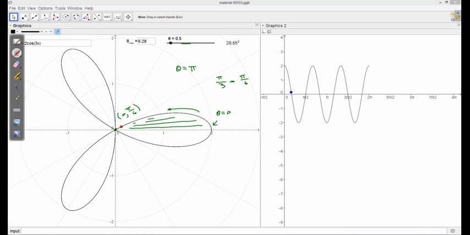Well, if 0 to pi over 6 gives us half, and we want to go backwards along this petal, that means this point over here is also theta equals negative pi over 6.